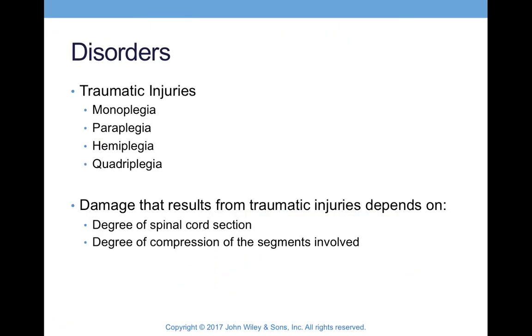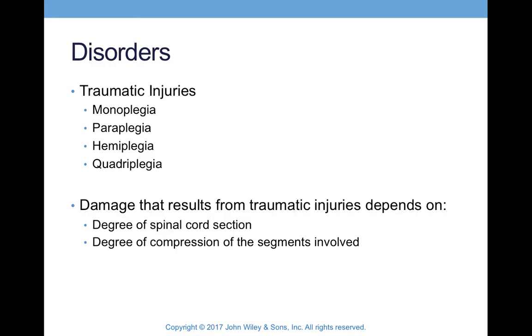We'll finish up the chapter, as we do all, with disorders and homeostatic imbalances. So traumatic injuries: the damage that can result from a traumatic injury will of course depend on the degree of the spinal cord section or the degree of compression and the segments that are involved. If we have complete transection, it will result in paralysis in a variety of forms.